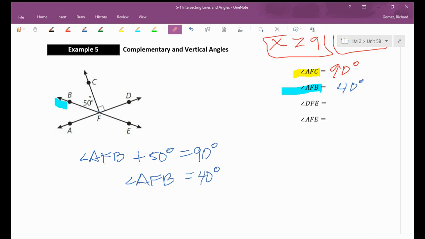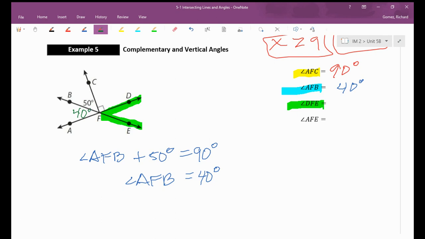Alright, let me erase that now. Remember, you can rewind this. Let's use a different color. Let's go green here. Angle DFE. DFE is this one down here. This one down here can be done in multiple ways, but the easiest way is to fill in what we already know, that angle AFB is 40 degrees, right?